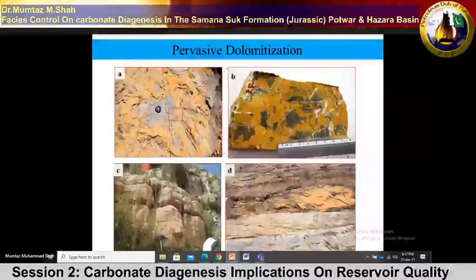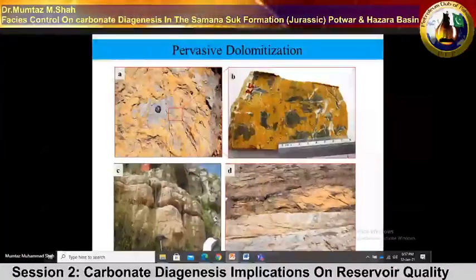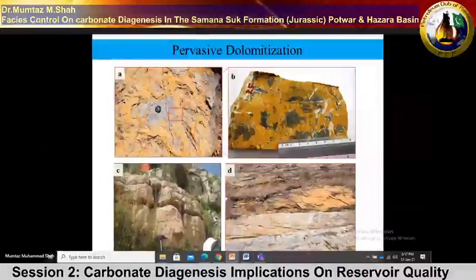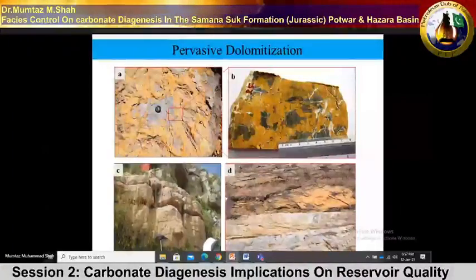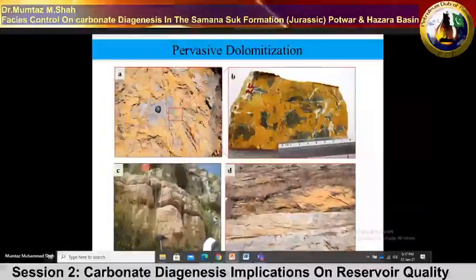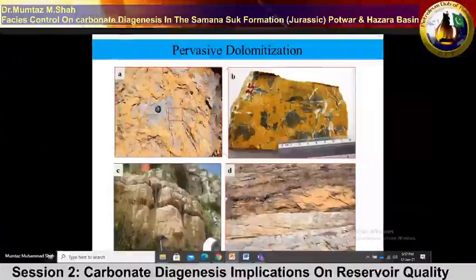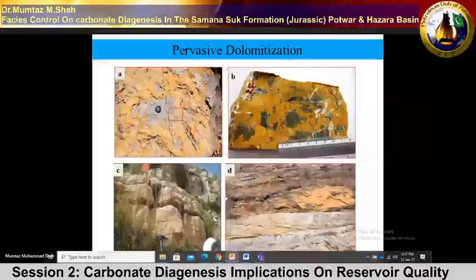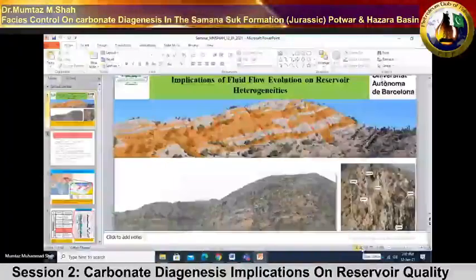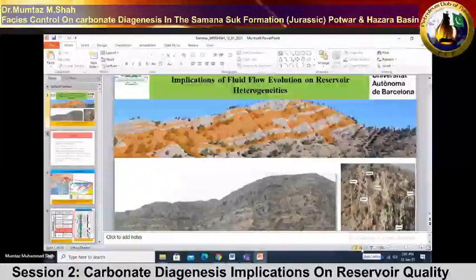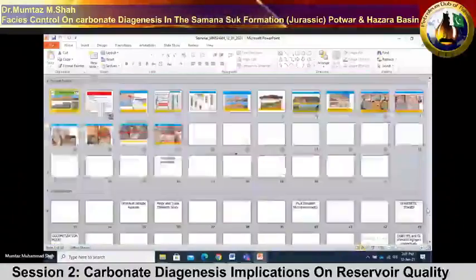You can see the PDF now? No, we see the pervasive dolomitization slide. I'm opening it again. Okay, now we see all the slides.